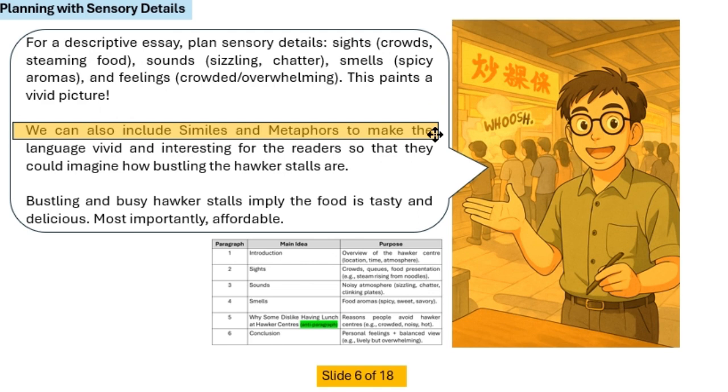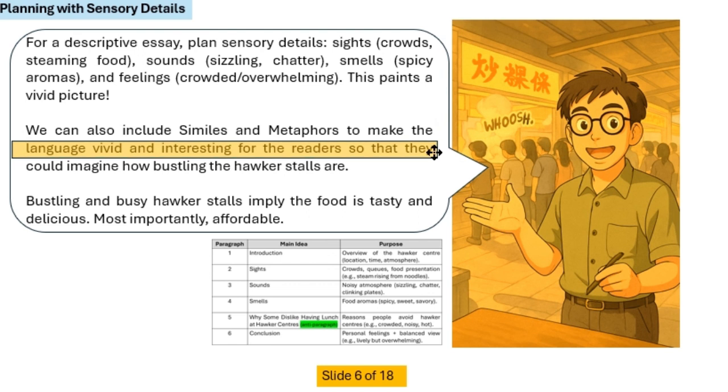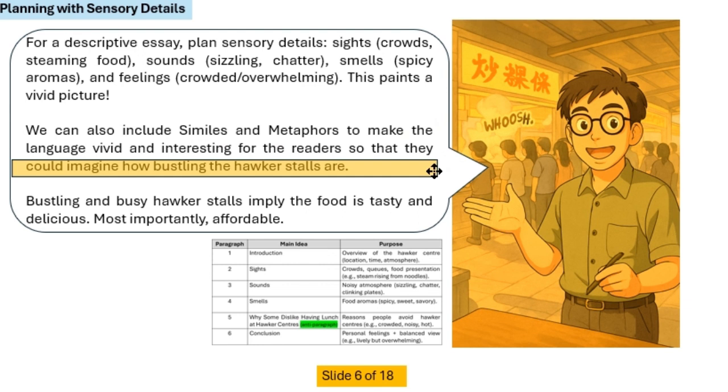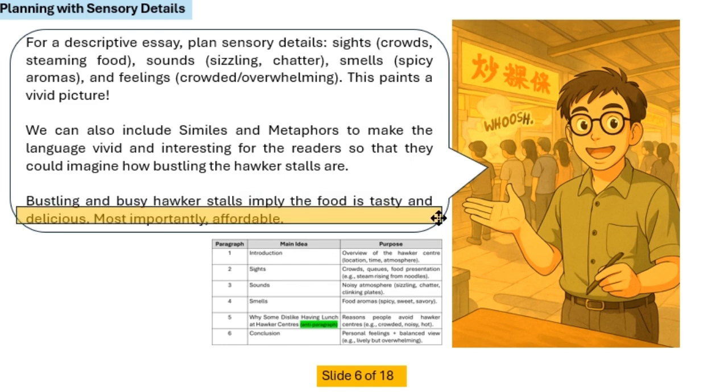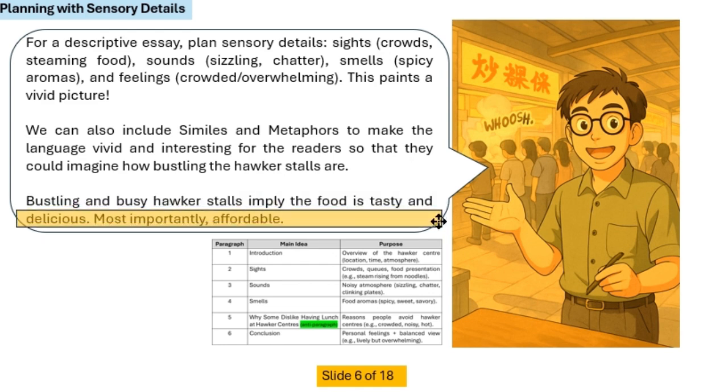We can also include literary devices such as similes and metaphors to make the language vivid and interesting for the readers, so that they themselves could imagine how bustling the hawker centers are. Now remember, a bustling and busy hawker center implies the food is not just tasty, but delicious, and most importantly, affordable.